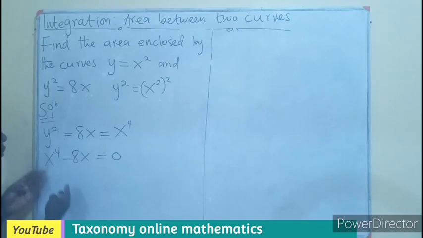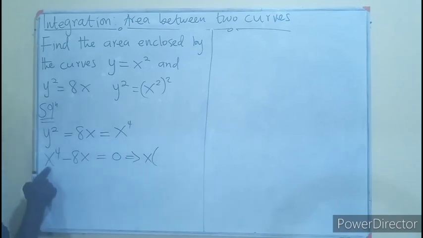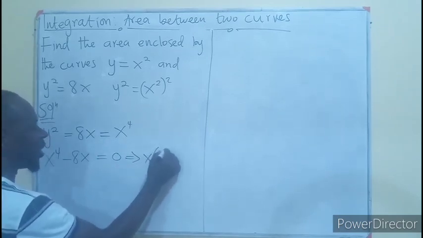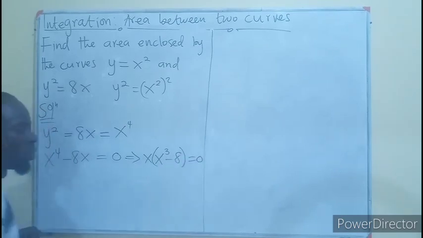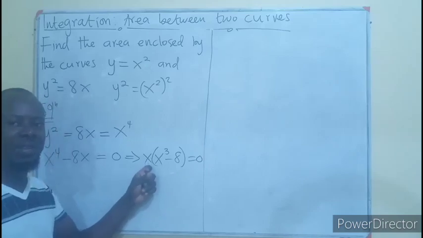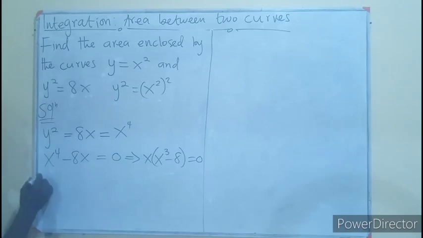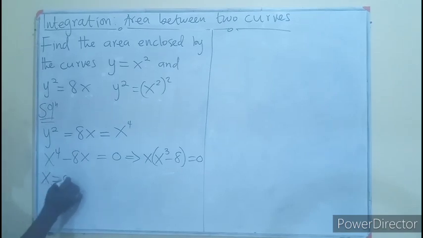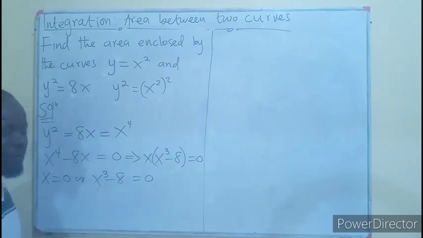So what do we do? We can factorize x out. If x is out, dividing this gives you x exponent 3, then minus 8. All this must equal 0. Since these two brackets are multiplied, either the first factor is equal to 0 or the second. So here your x will be 0, or x exponent 3 minus 8 equals 0.